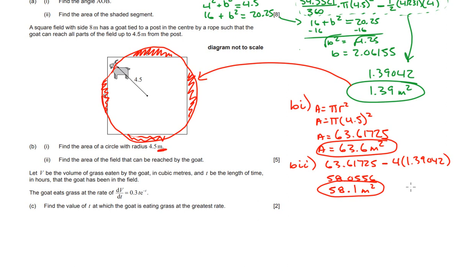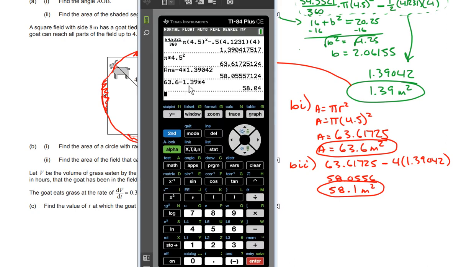Okay, now just something really quick to note. I'm going to show you what would happen if we did our math with our rounded numbers instead of the non-rounded numbers. Here it is. We did 63.6 minus 1.39 times 4, so our answers that were rounded, multiply that by 4, you get 58.04, which would round to 58.0 instead of 58.1. No, it doesn't seem like a big deal.